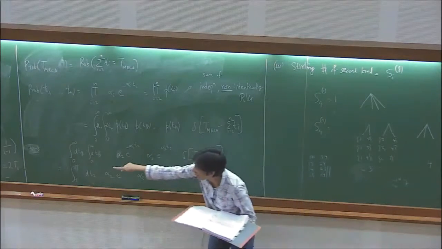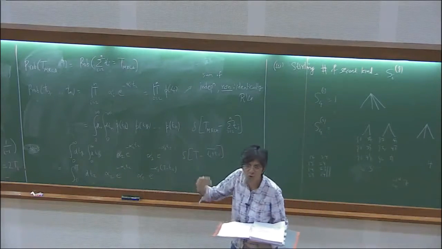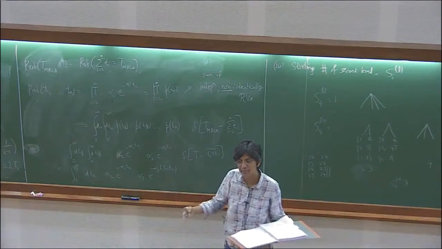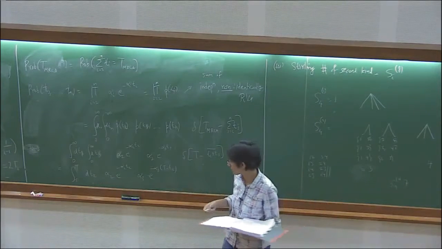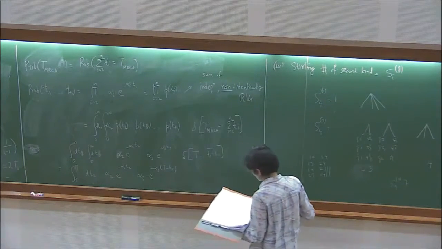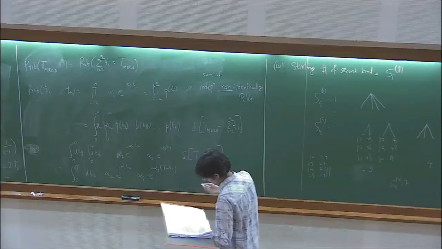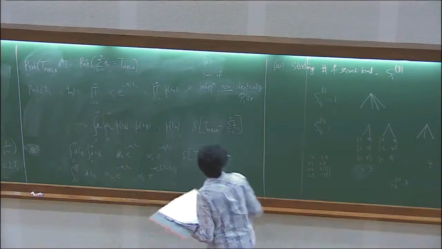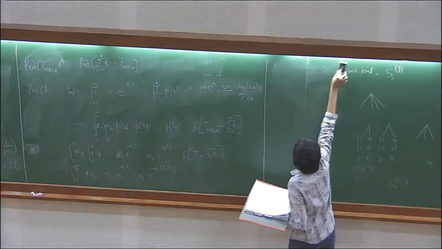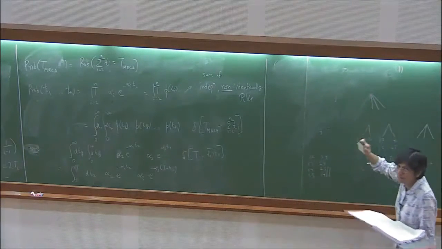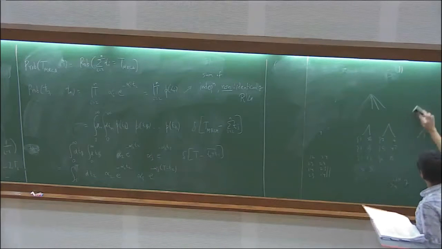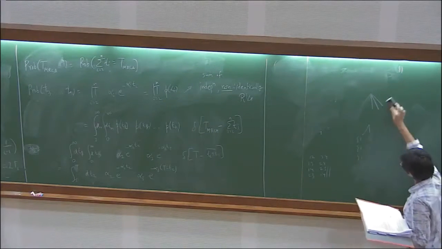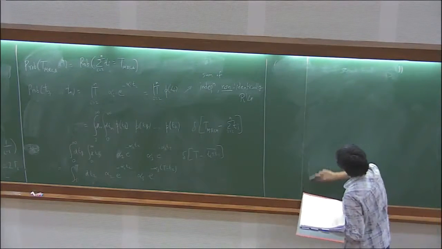So here, this turns out to be, for this case, the distribution of TMRCA. Okay, so it's complicated, but you can check it.